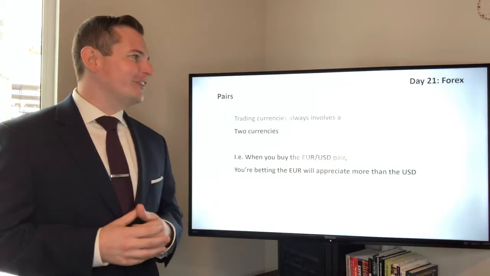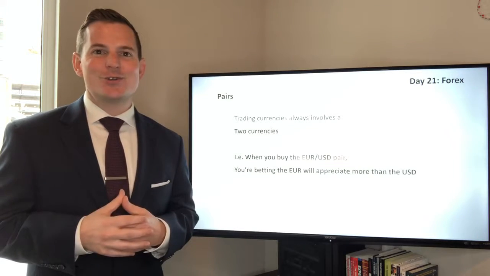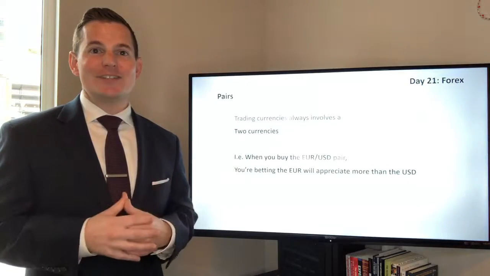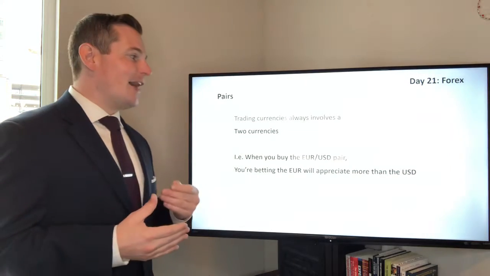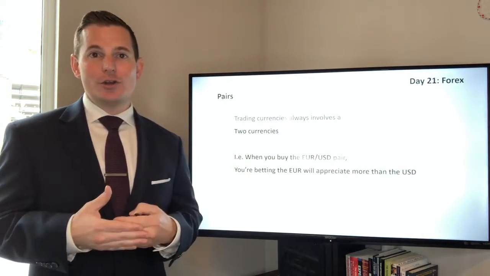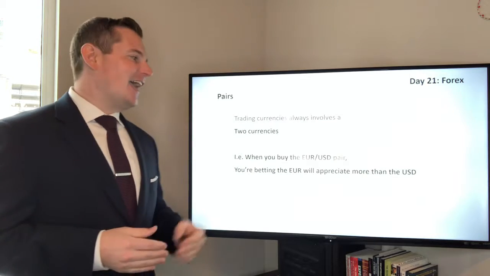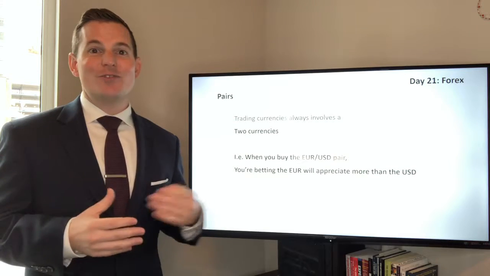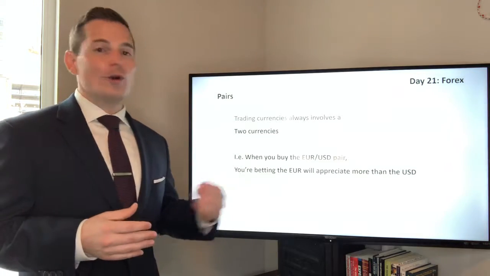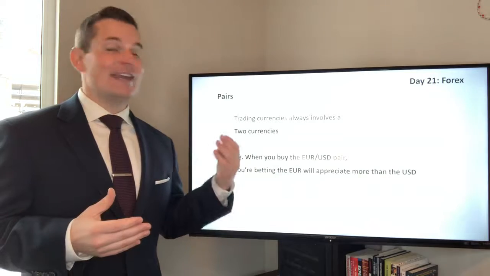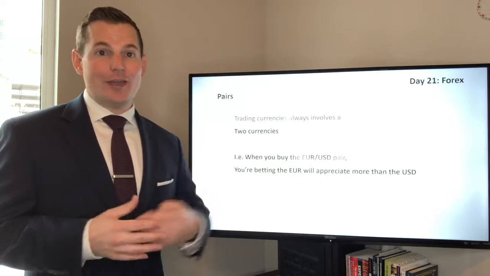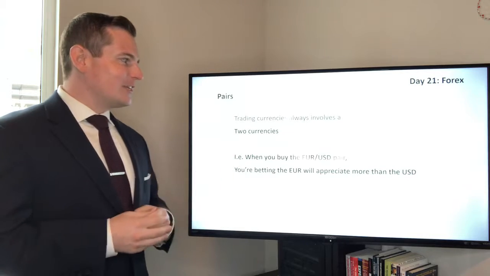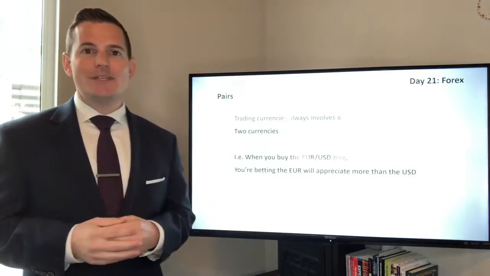So it's important to understand that in all currencies trading, there are at least 2 currencies involved, because you have your currency, what your base account is, and then the currency you're looking to invest in or bet against, and that would be shorting, okay? So this is just an example, the Euro USD pair.